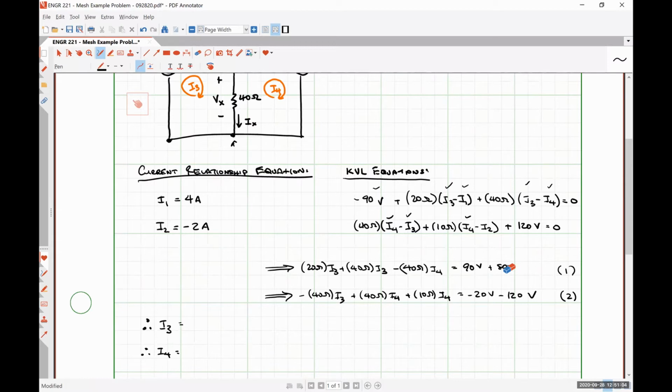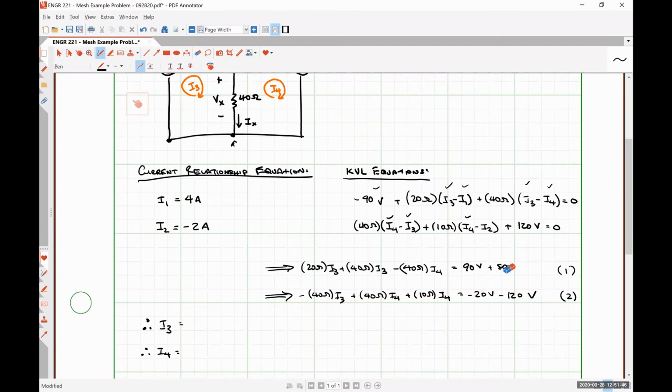So just to be clear here, my coefficient for I3 in the first equation is 20 plus 40, which is 60. My coefficient for I4 is negative 40, and my constant term is 90 plus 80, which is 170. Alrighty. And then my coefficient for I3 in equation 2 is negative 40. My coefficient, oh no, there's definitely a mistake in mine as well, because my coefficient for I4 should be 40 plus 10, and I just had 10.